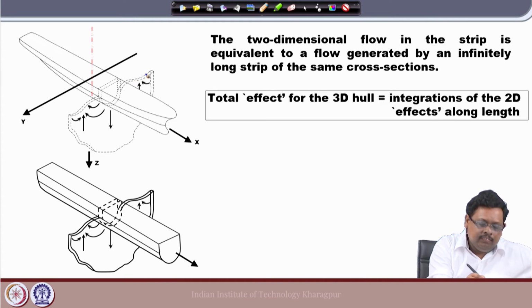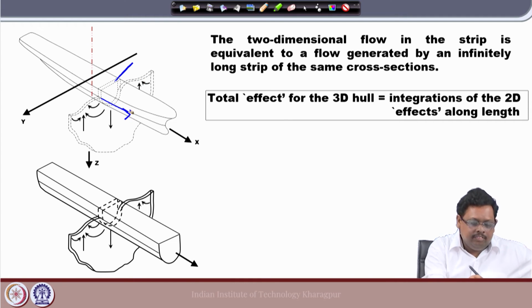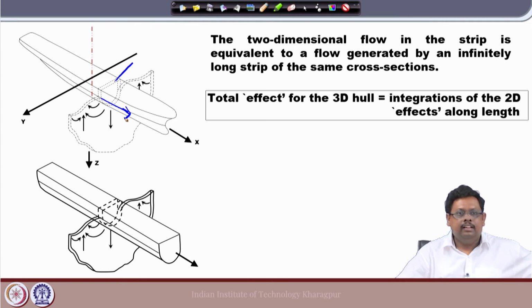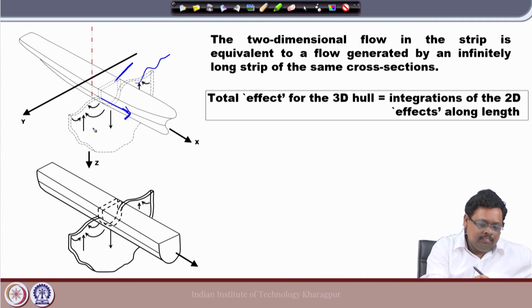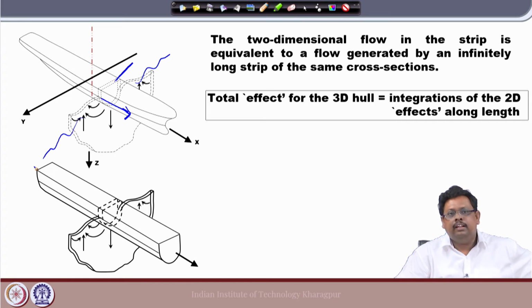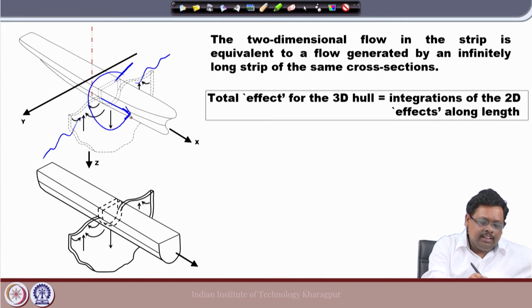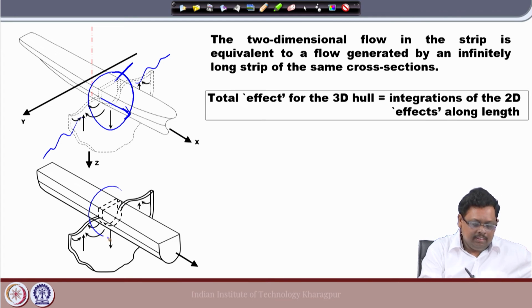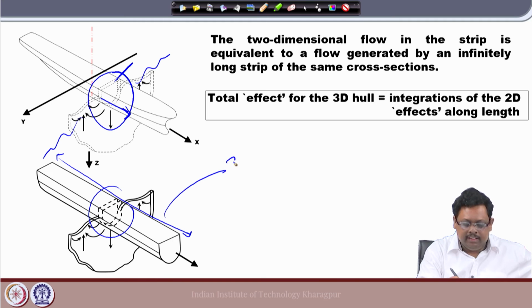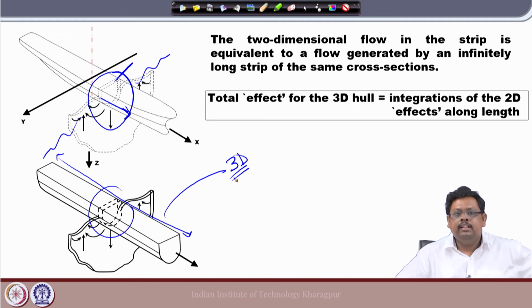So, when you oscillate this two dimensional strip, the flow does not affect this direction. It can only go this way. And then you can consider these as a two dimensional effect here. Now, if you integrate along here to here, we can get the three dimensional effects.